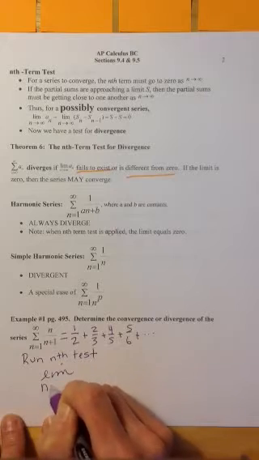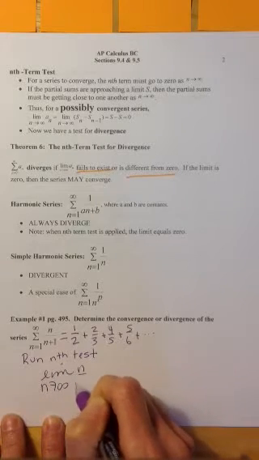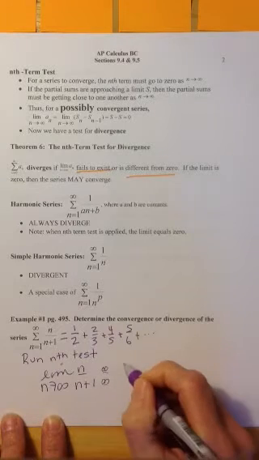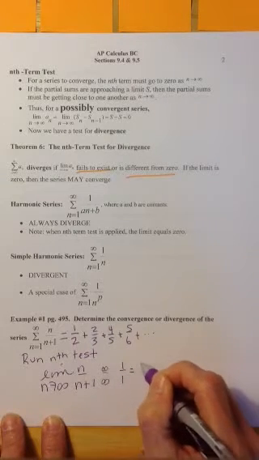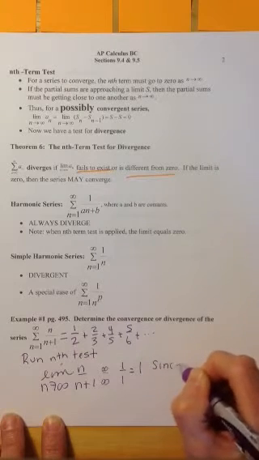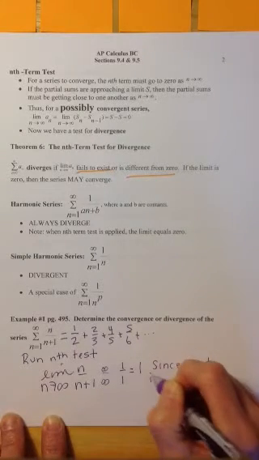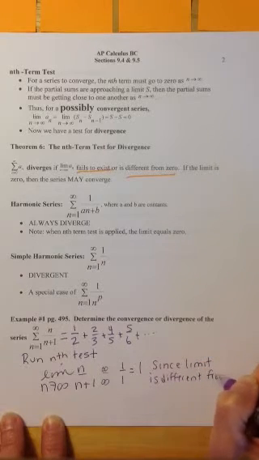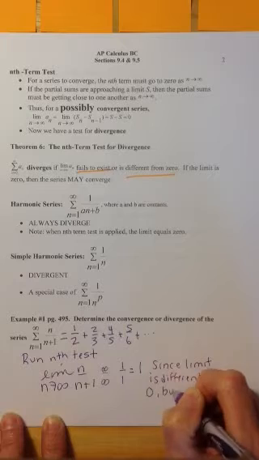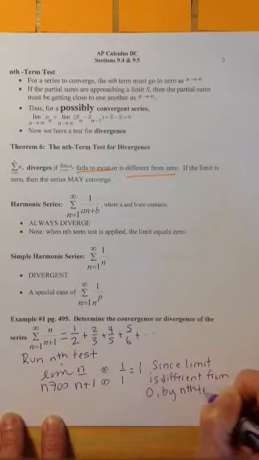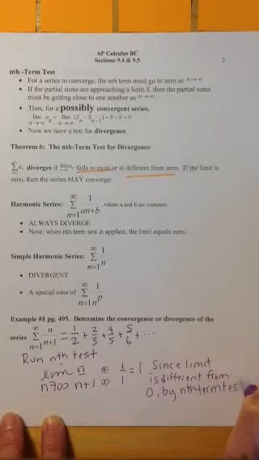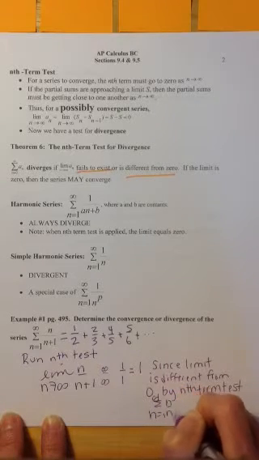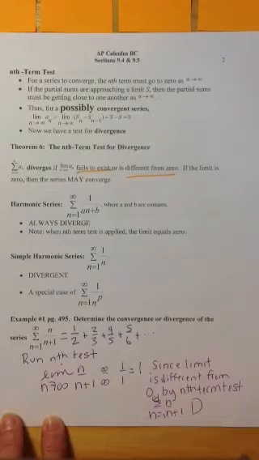So let's go ahead and take the limit of n over n plus 1. I get infinity over infinity, and then I can use L'Hopital and get 1 over 1. So this limit is 1. Since the limit is different from 0, by the nth term test, we can say that the sum from n equals 1 to infinity of n over n plus 1 diverges.